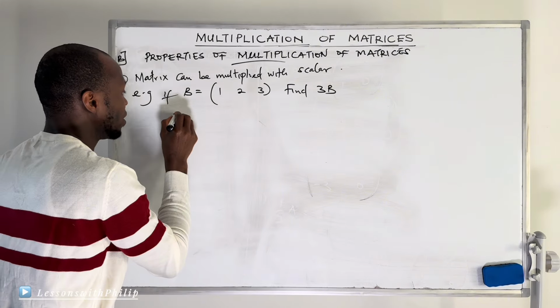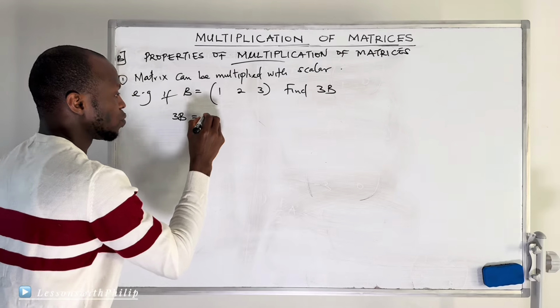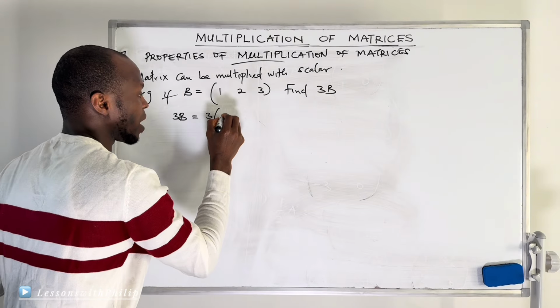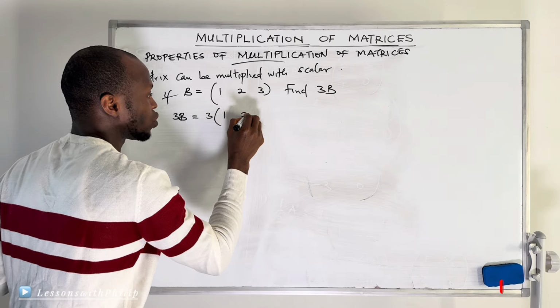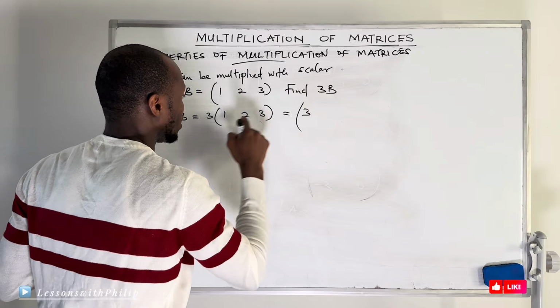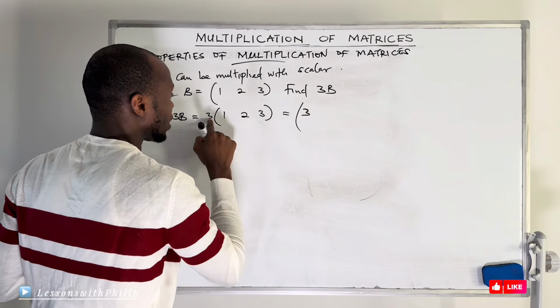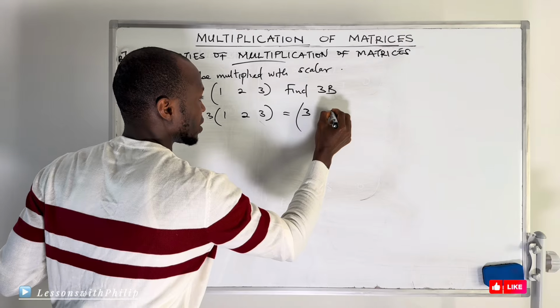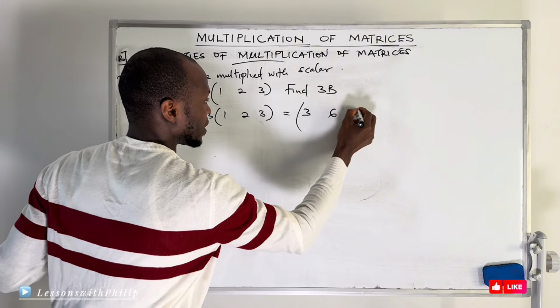So my 3B will now be equal to 3 multiplied by matrix B, which is 1, 2, 3. And that equals 3 times 1, that is 3. 3 times 2, that is 6. 3 times 3, that is 9.